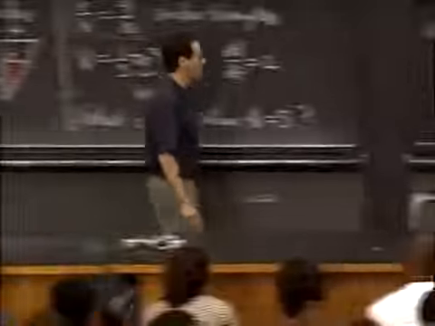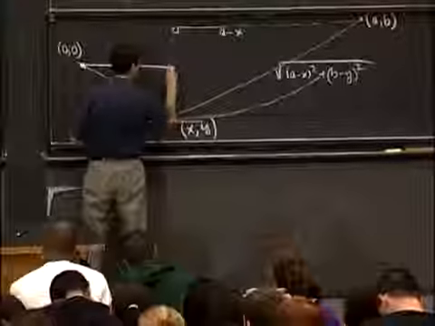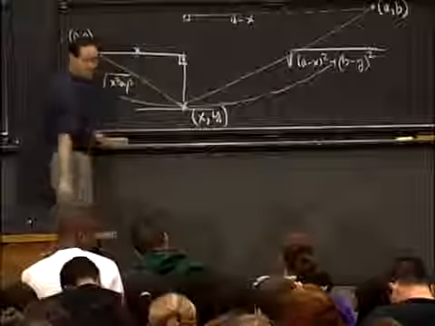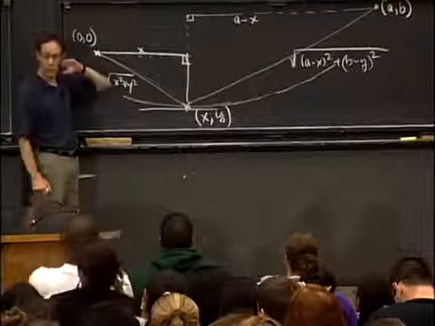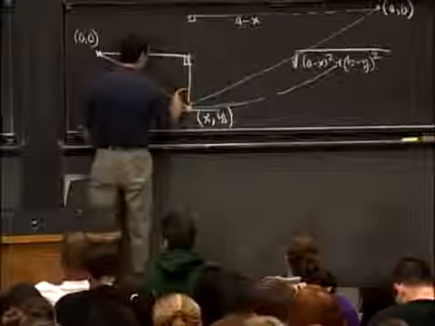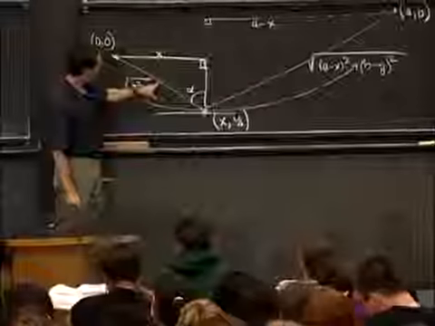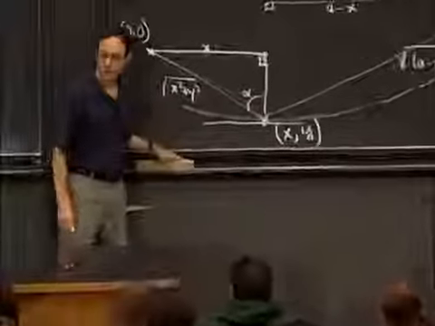Namely, if I go over to the picture, here was x, and this was a right triangle, and this hypotenuse was square root of x squared plus y squared. So if I call this angle alpha, then this is the sine of alpha. All right? It's a right triangle. That's the opposite leg.